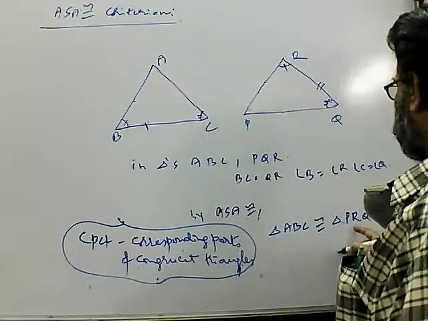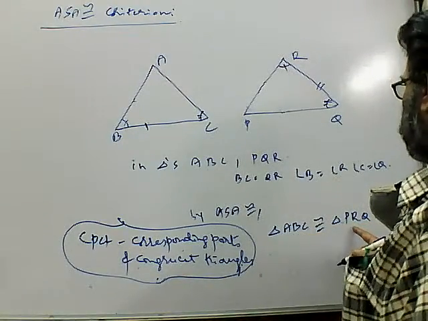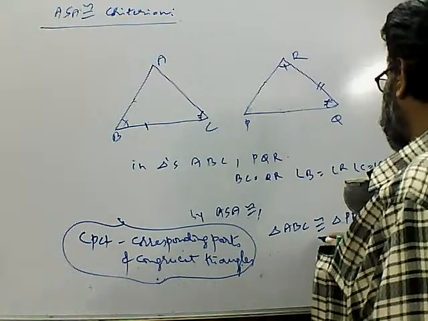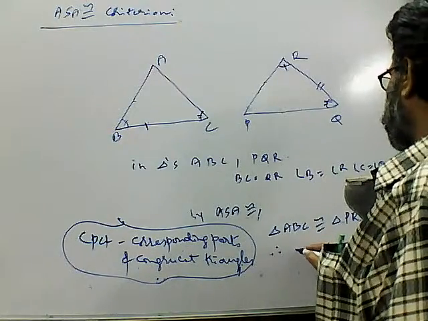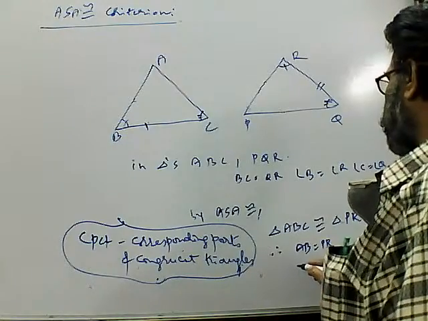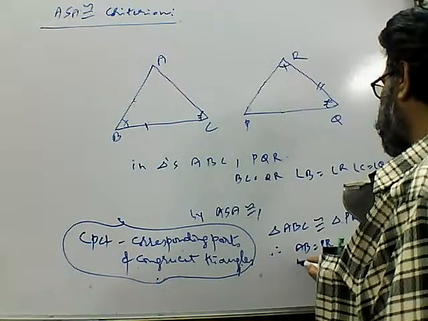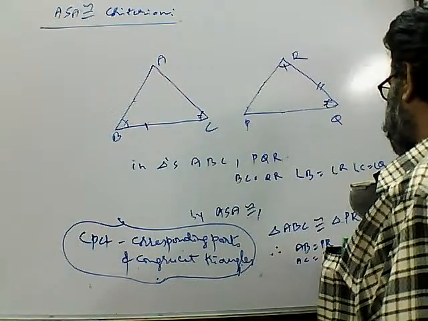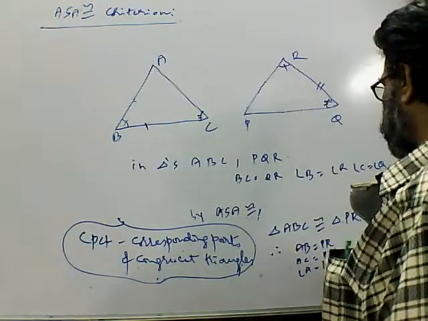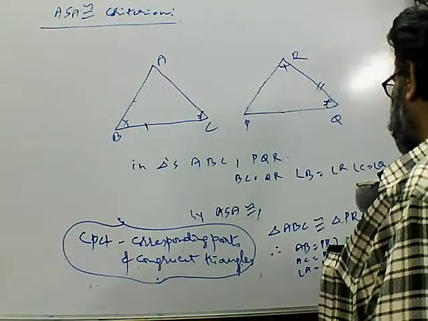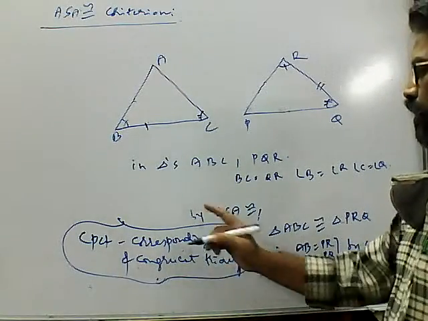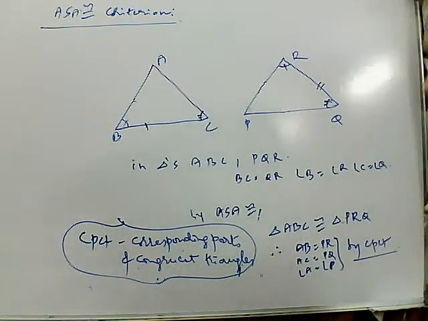So BC is equal to QR, angle B is equal to angle R, angle C is equal to angle Q. Therefore, AB is equal to PR, the remaining side, and the remaining AC is equal to PQ and angle A is equal to angle P. Remaining parts only we write. Already three parts are equal, so by CPCT, corresponding parts of congruent triangles.